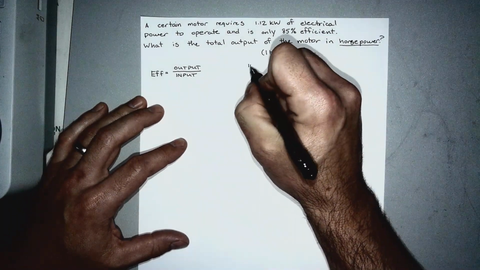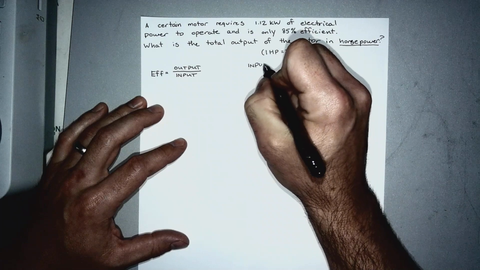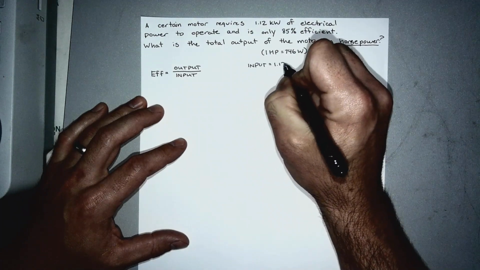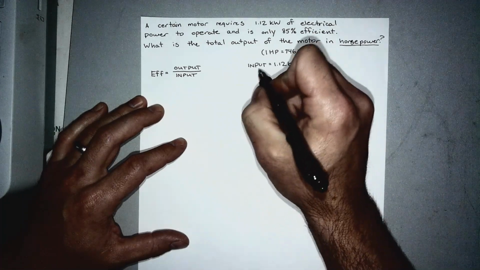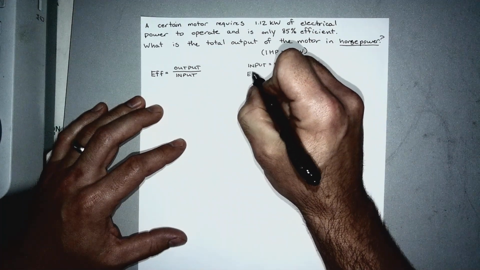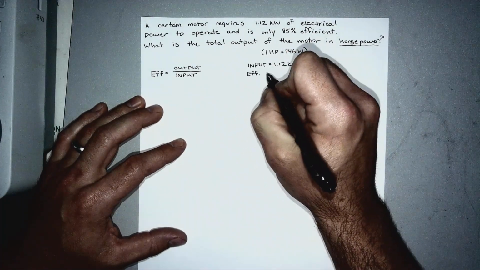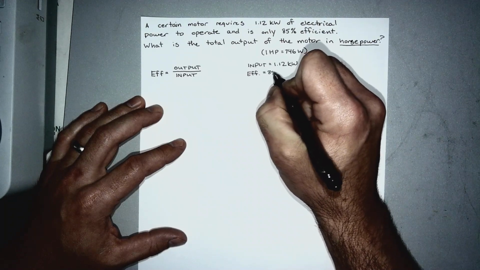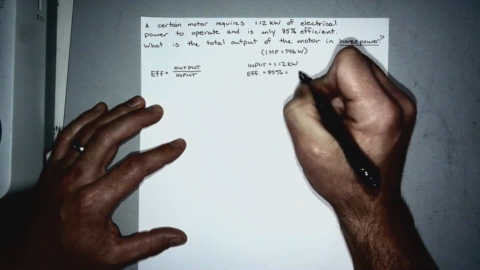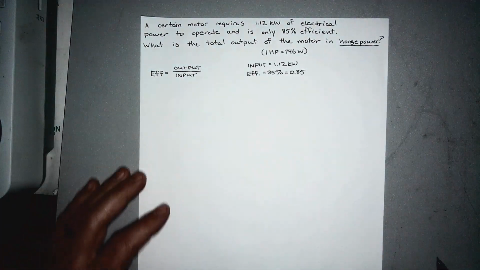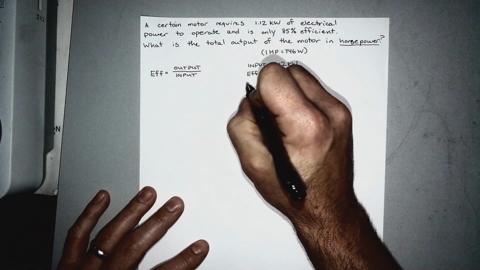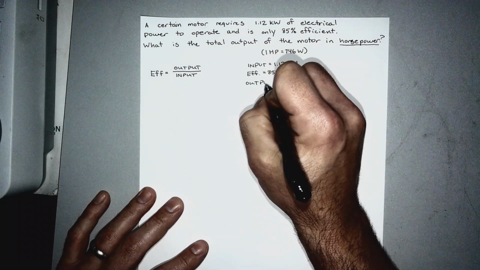So input here is going to be the 1.12 kilowatts. The efficiency is going to be 85%, or 0.85 expressed as a decimal. And again, we don't know the output. That's what we're looking for.